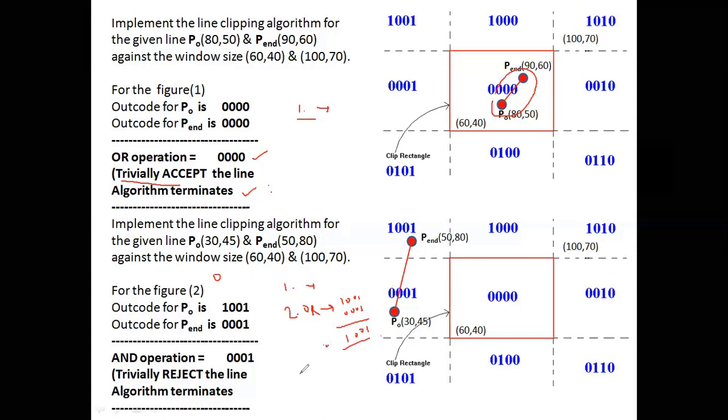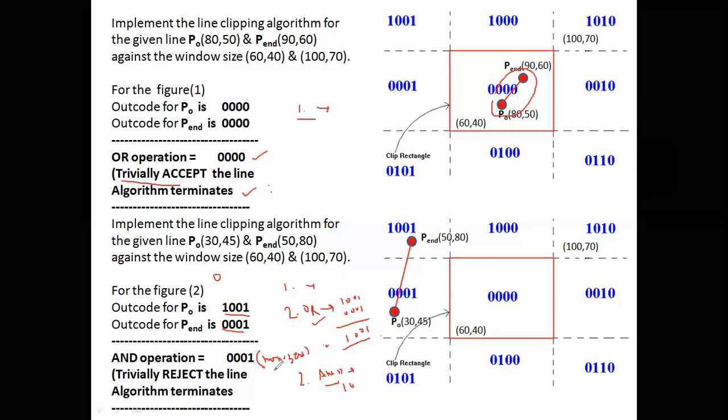Second operation, ये trivially accept की condition है. फिर हम AND operation परफॉर्म करेंगे. AND operation में अगर हमें non-zero value मिलती है तो... it is written over here, 1001 and 0001, AND operation is performed. It leads to a non-zero value.